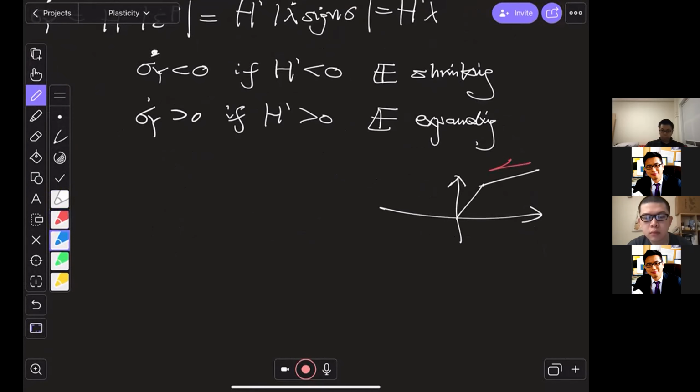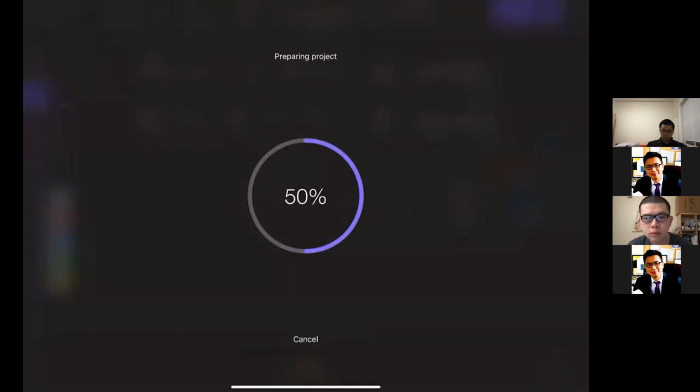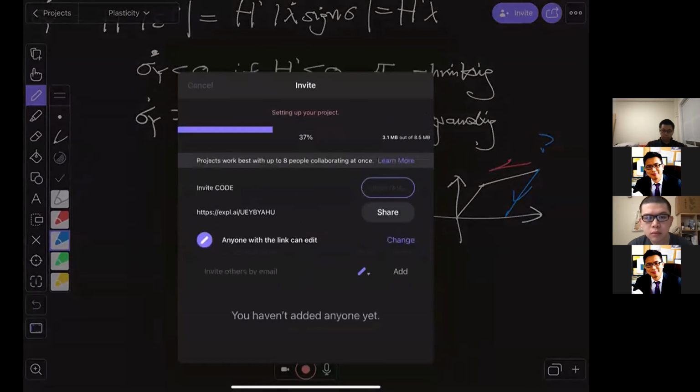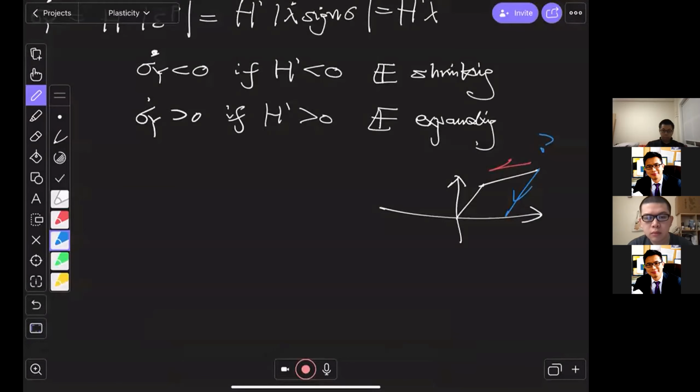I need to make sure that it goes here, right? So how do I control the logic? How do I choose whether to go here or here? Then I need to introduce a constraint.